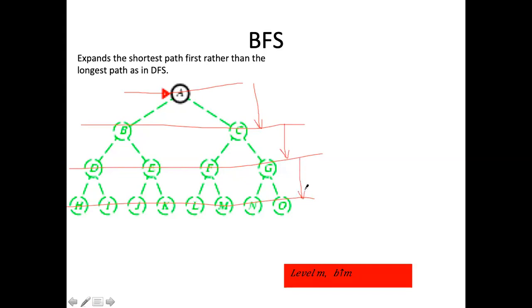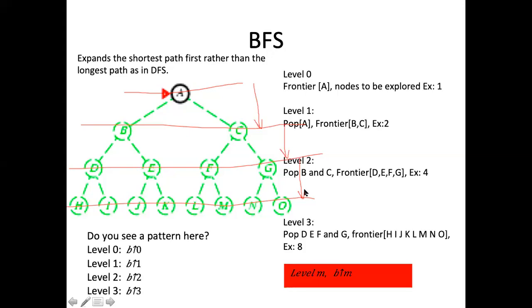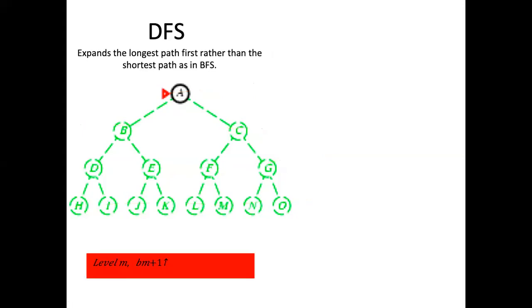This is what BFS would look like. Before you move to any lower level, you have already evaluated all the nodes at that particular level. If you compare it with the other search strategies, you'll find that this is primarily a complete search strategy.